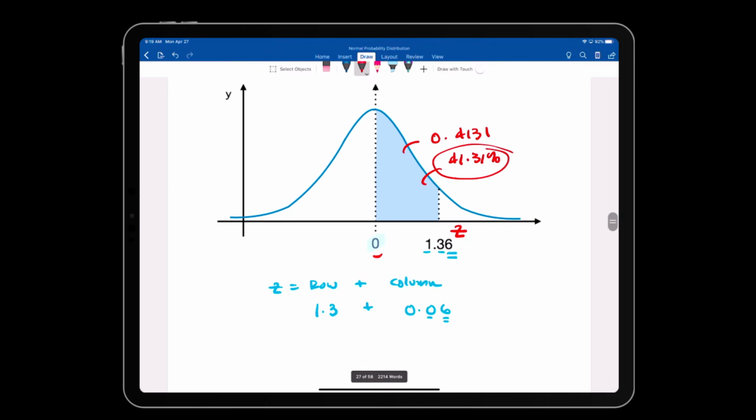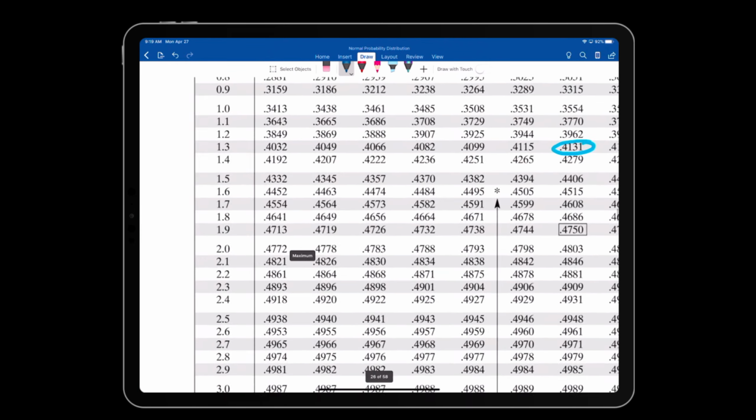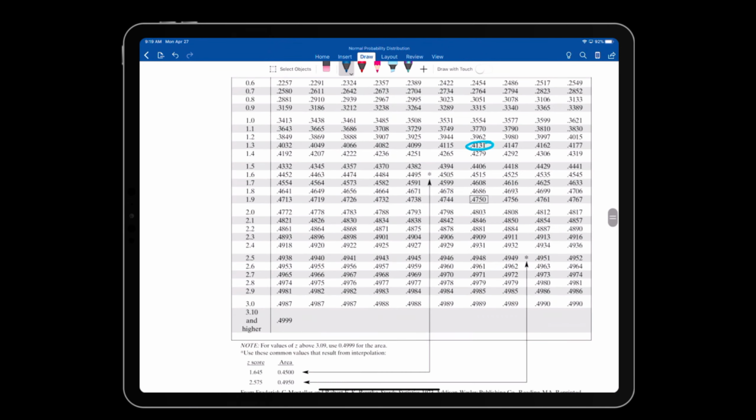So let's go back to our table, but this time, let's erase. Our Z value is 2.5. So we need to find the 2.5 row. We got to erase this. So in my picture, 2.5 is right here.